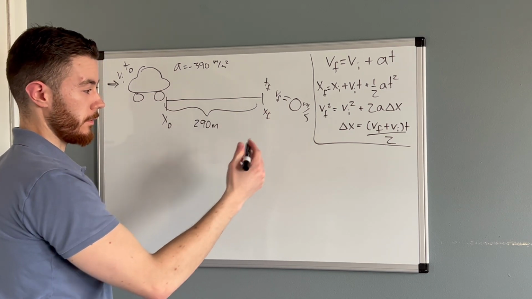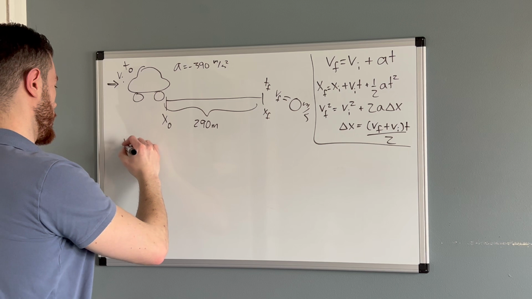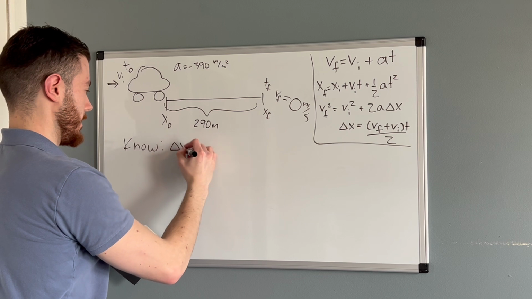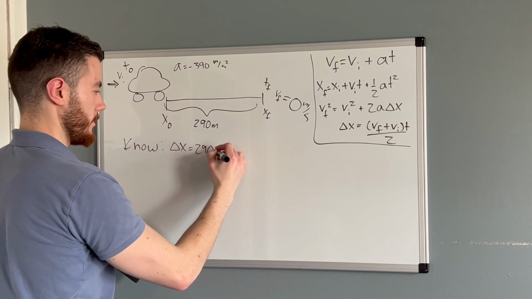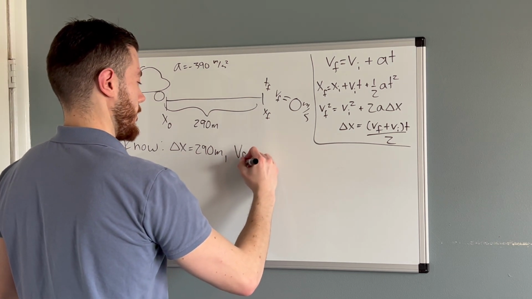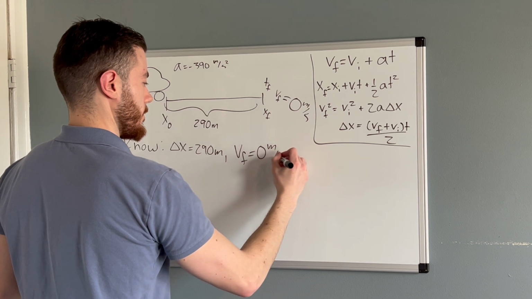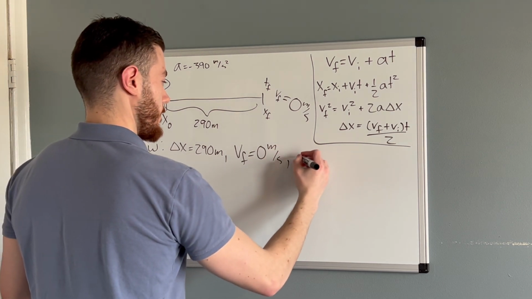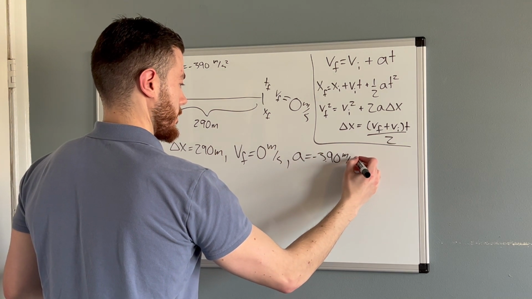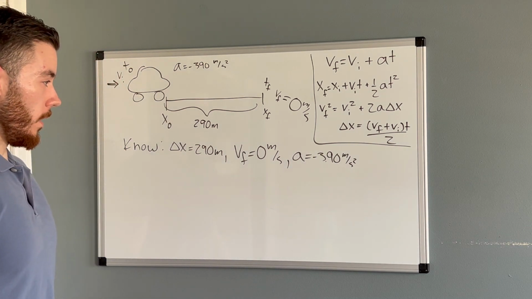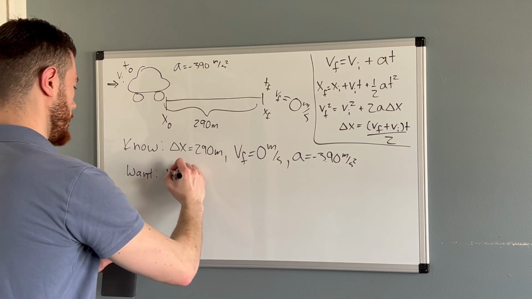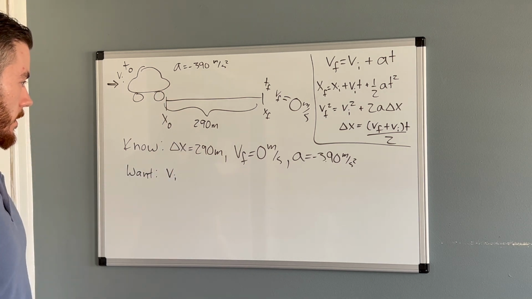So we know that delta x is 290 meters. We also know that the final velocity, Vf, is 0 meters per second. And we also know the acceleration, negative 3.90 meters per second squared. What do we want? We want the initial velocity, Vi.